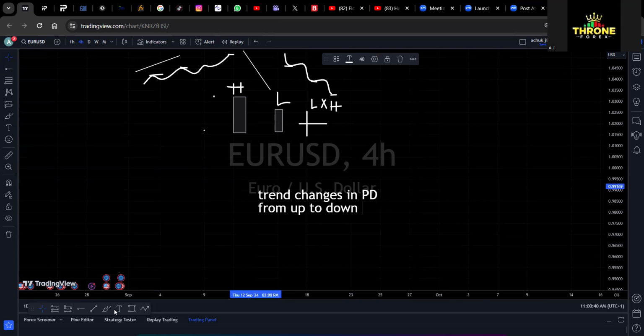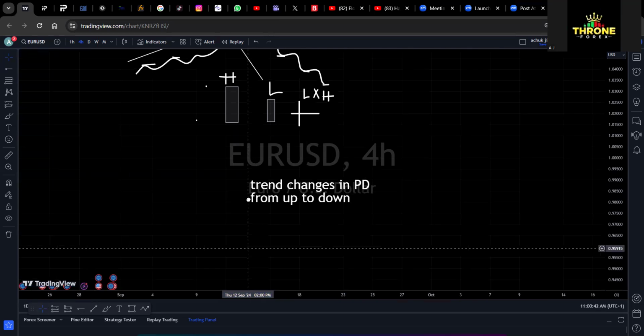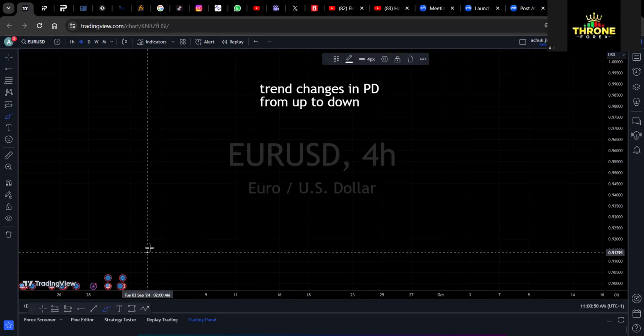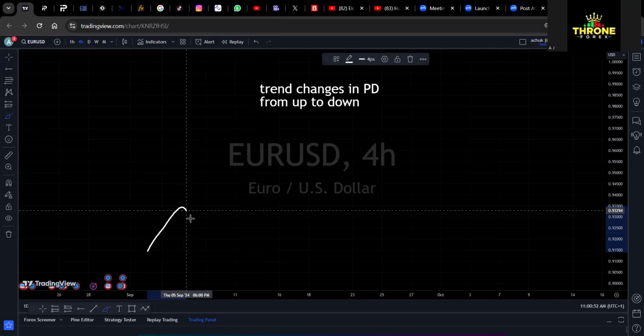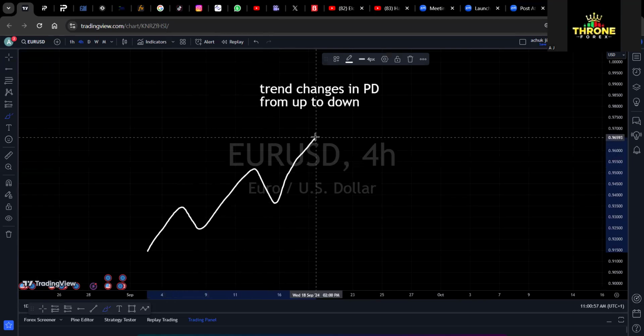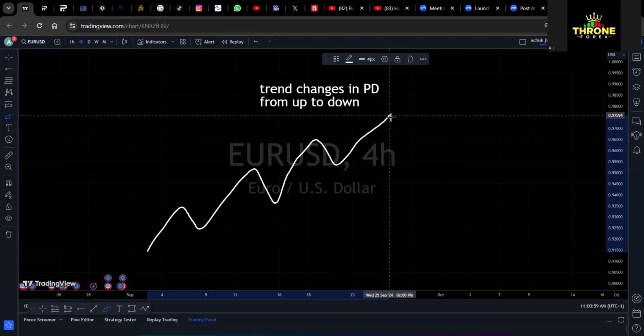So you can have a scenario whereby the market is headed up, like we had said, not in a linear form, but in waves. So we can have the market coming up and then pulls down a little bit and then it goes up, pulls down, goes up, pulls down, goes up, pulls down.